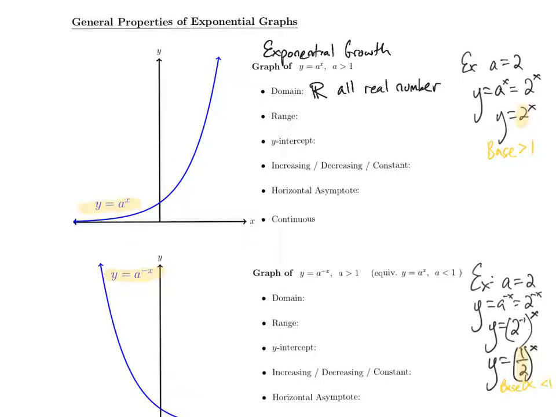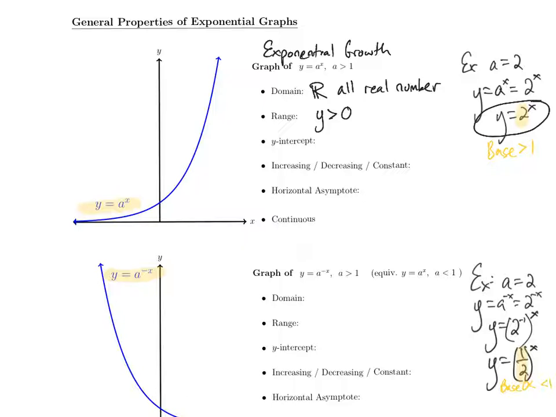The range, however, is only that y is greater than 0 because no matter what I plug in for x, and this is a little easier to think of with our numerical example off to the side, you're always going to get a positive out.